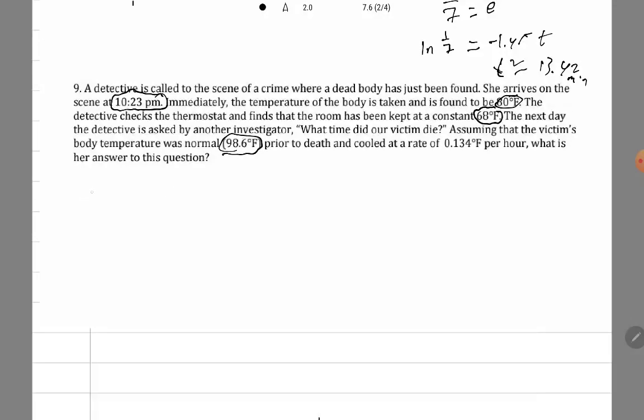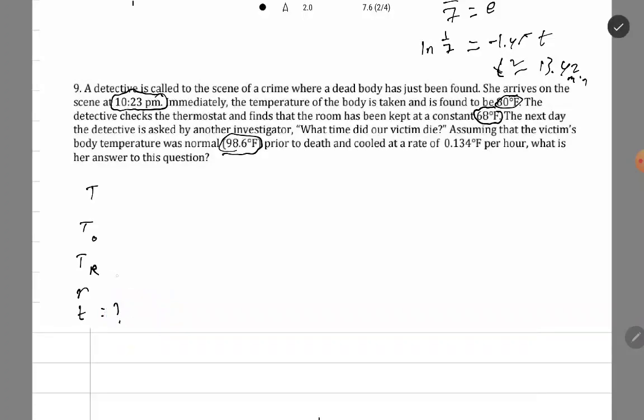Okay, so let's just write out all our stuff: T, T0, TR, R, and t. So we know this is 10:23, but no, sorry, this is what we're looking for.